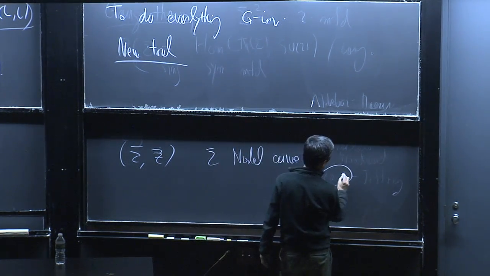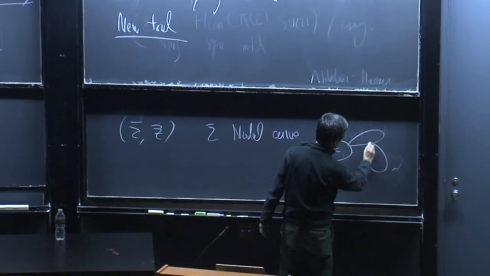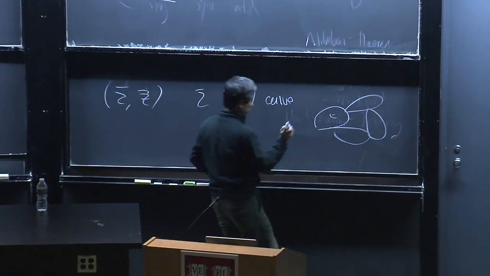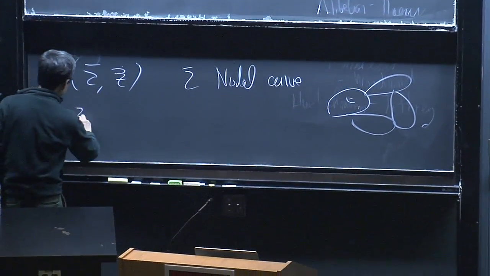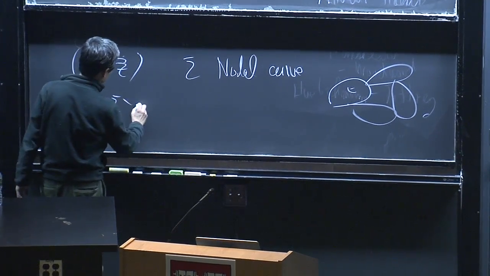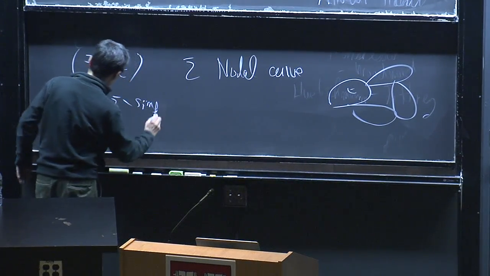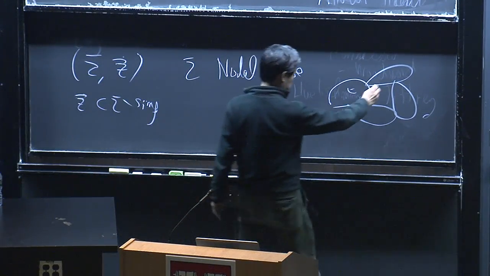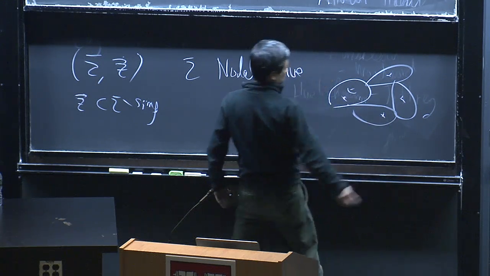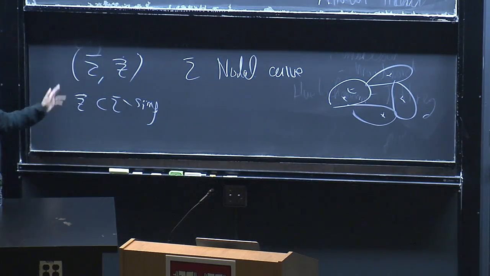It means that you have a Riemann surface of arbitrary genus, which may have some double points. And z is a subset, disjoint from the nodal points. You have this so-called marked nodal curve. And the theorem I want to claim in this case is the following.